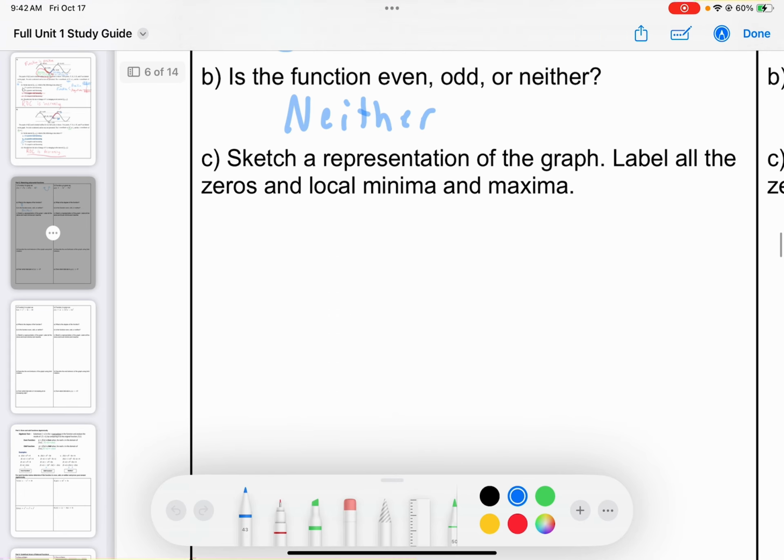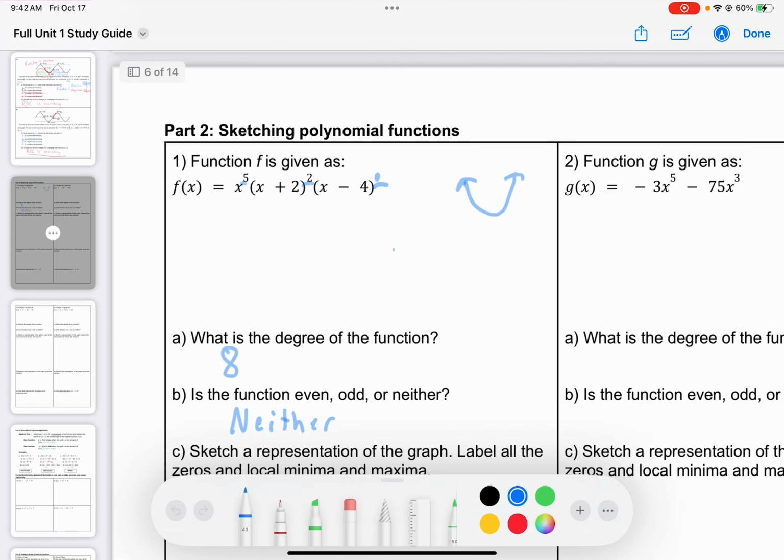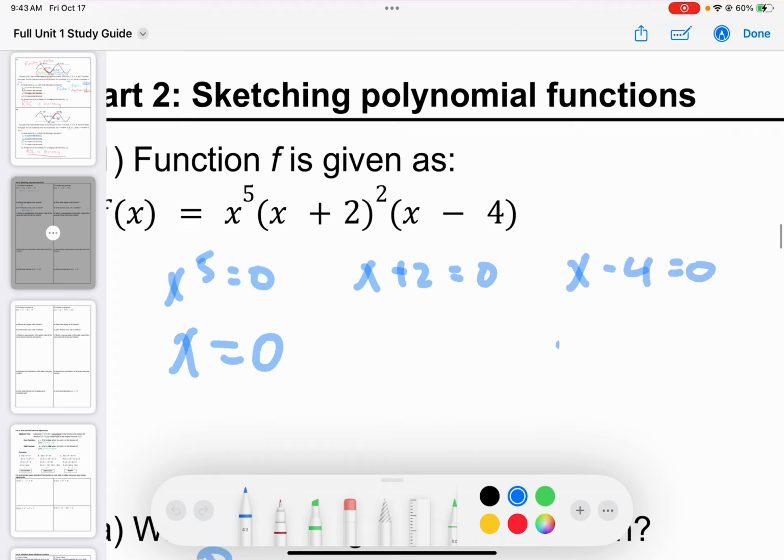All right, sketch a representation of the graph. Label all the zeros and local min and max. All right, so let's start by finding the zeros of this function. I'm going to set each factor equal to 0. I get x equals 0, x equals negative 2, x equals 4.